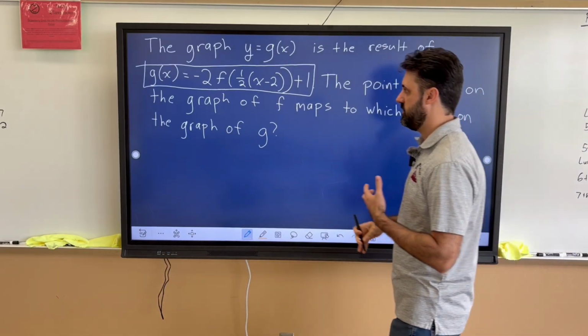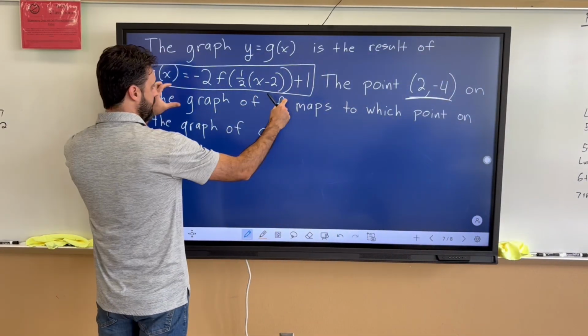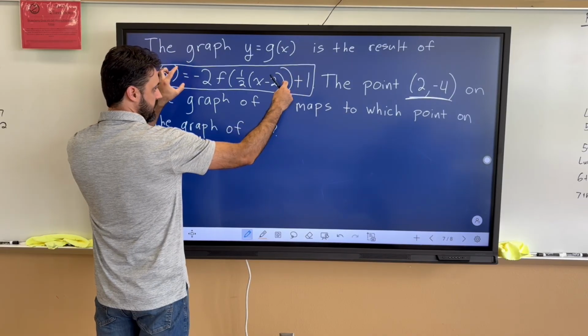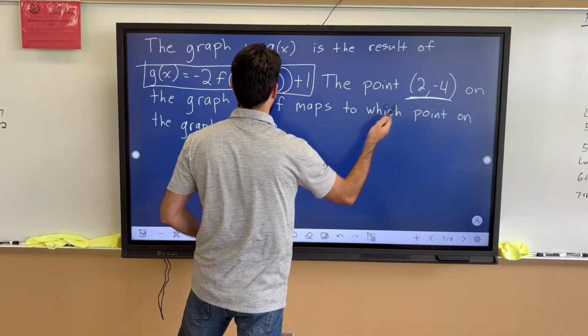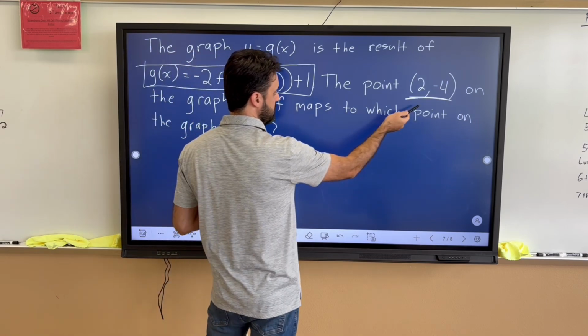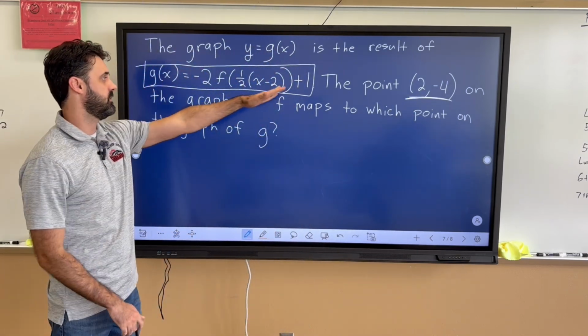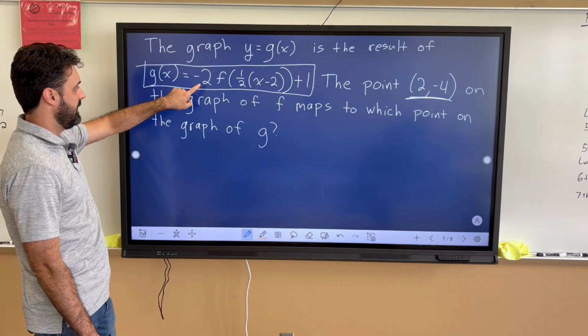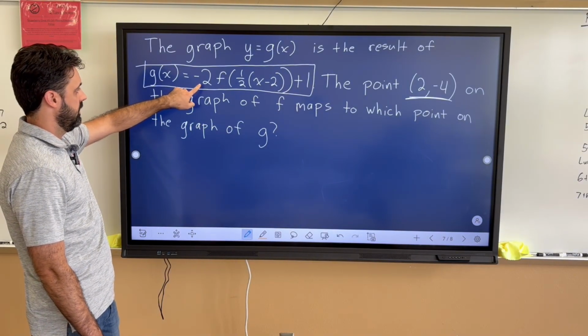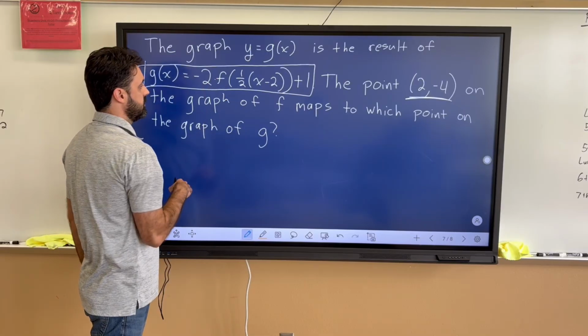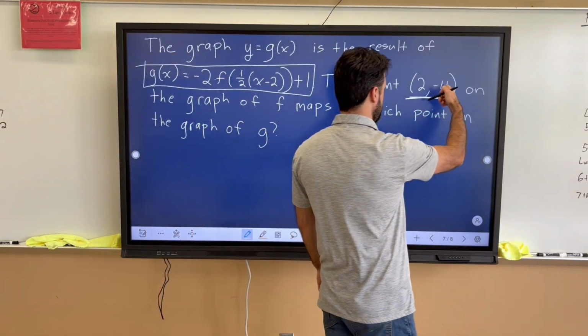All right, and so I'm going to think of it like this. Whatever's on the outside is going to change the y value, and whatever's on the inside is going to change the x value. So let's go from left to right as we do this. So negative 2 is being multiplied, and so we're going to multiply just our y coordinate here by negative 2.